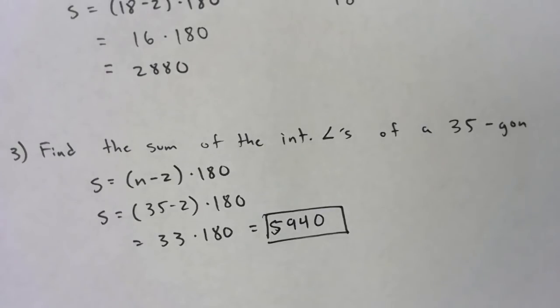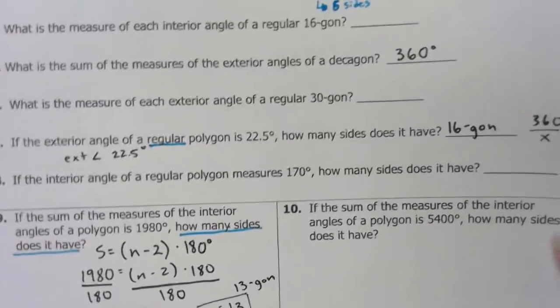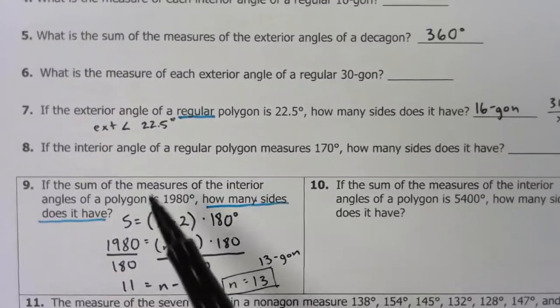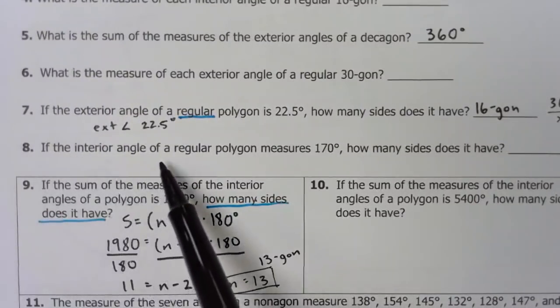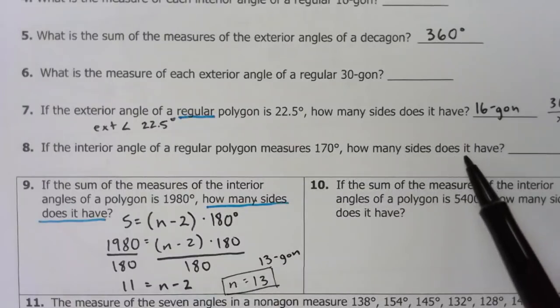The last question I want to cover in this video is one that students had a lot of trouble with, and we could just take number 8. This is number 8 in homework 1. It says if the interior angle of a regular polygon measures 170 degrees, how many sides does it have?